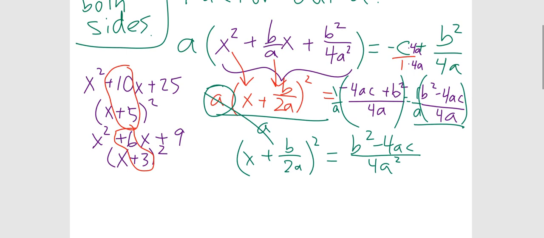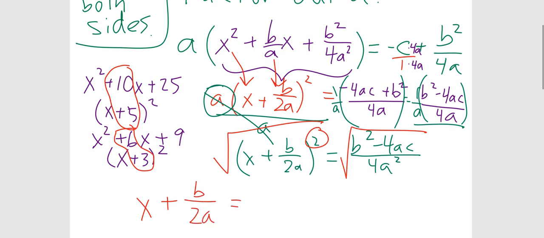What are you going to do on both sides to get rid of this square? Take the square root. So we get x plus b over 2a equals, I think that numerator is pretty nasty looking, so we're going to leave it alone.